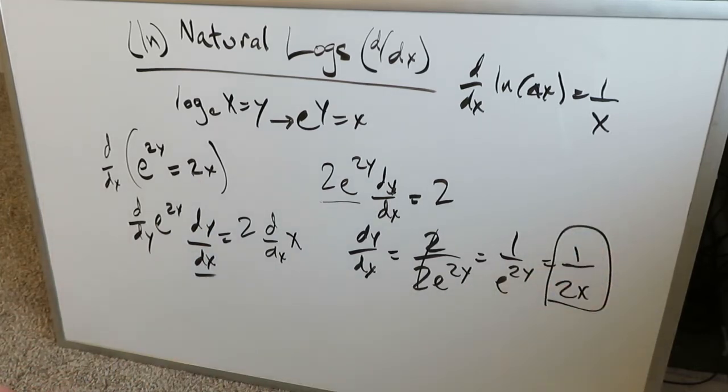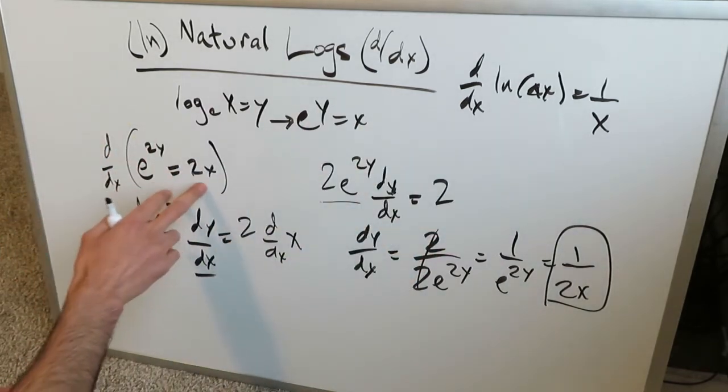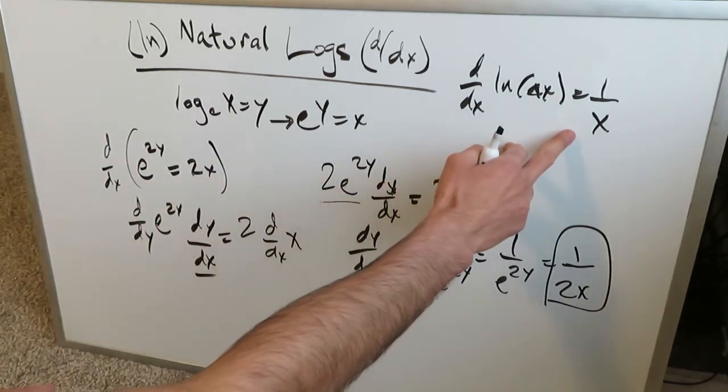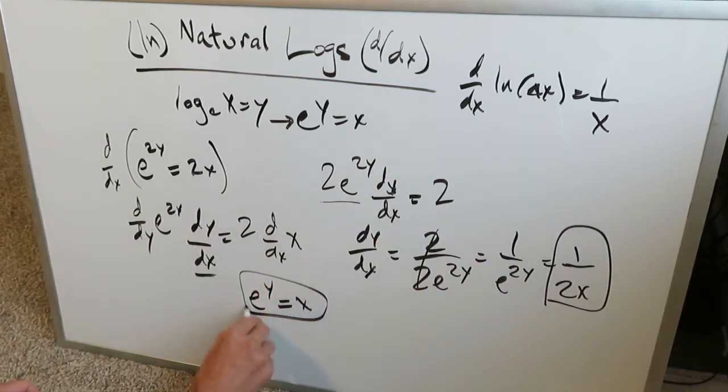So these are just the various ways of how you can look at derivatives of equation forms of this and how they somehow approximate or give you that type of a derivative for a natural log. That's how you're seeing it. But the very first derivative process where I showed you is exactly proving this, which was this one. When you do the implicit differentiation of e to the y is equal to x, you get that because you end up doing implicit differentiation.